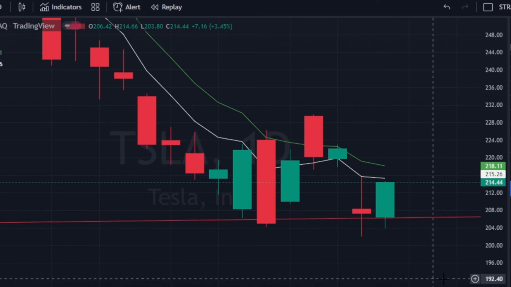Today was about broadening formations, and if you can spot these things, you can really get a leg up and understand what's happening and look at the true range of trading, where it could possibly go to, where it can top out at and where it can bottom out at. And that's going to help you understand where you need to enter and where you need to exit, where you need to go long or where you need to go short.